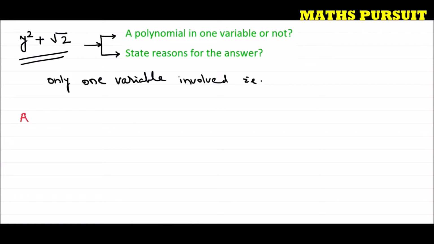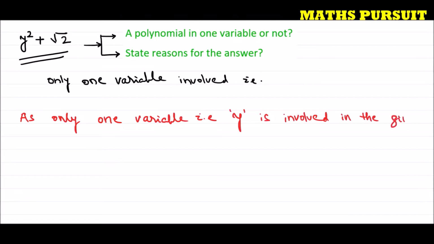As only one variable, that is y, is involved in the given polynomial, hence this is a polynomial in one variable.